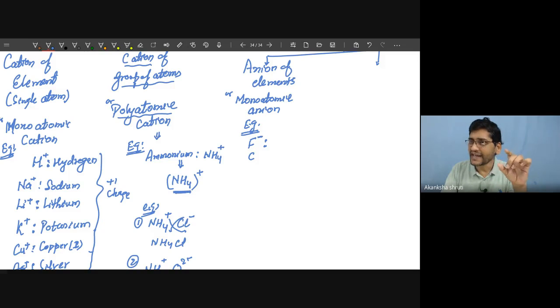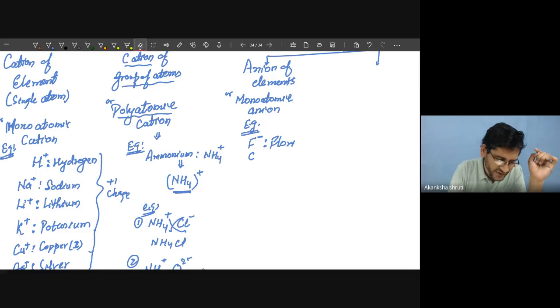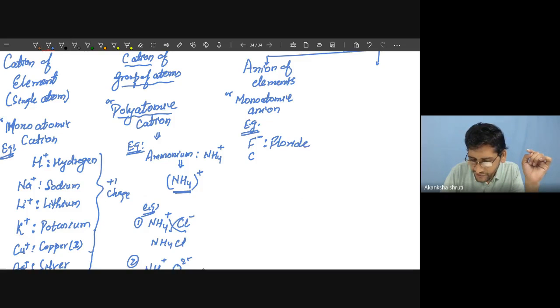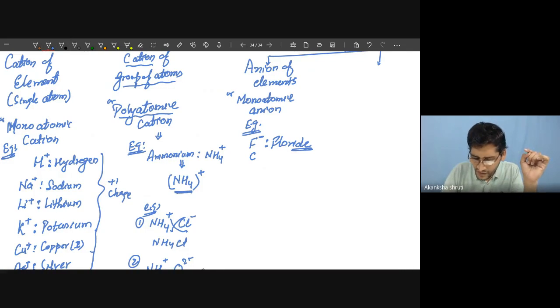But while it carries negative charge, the word IDE is added to that element. So it is written as: fluorine is the normal element. Now this becomes: you have to remove this INE and you have to add IDE. It becomes fluoride. Okay.